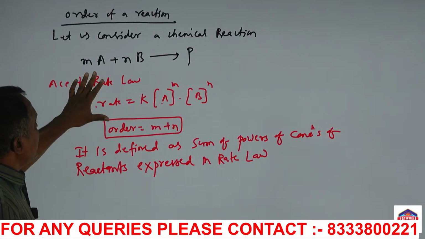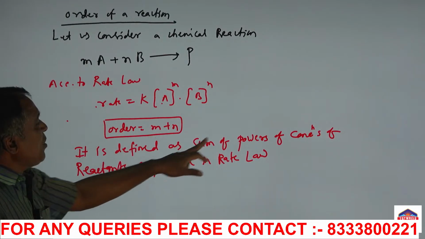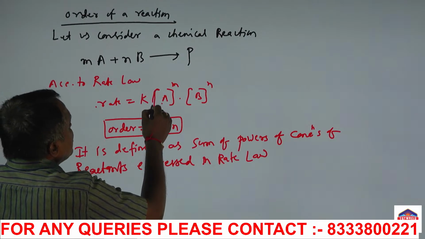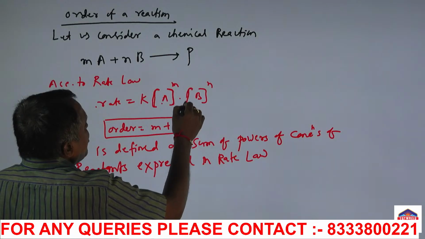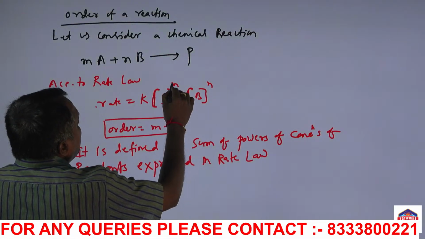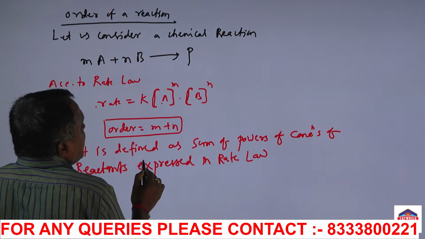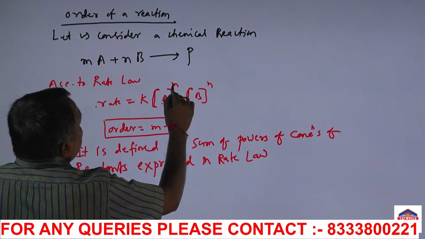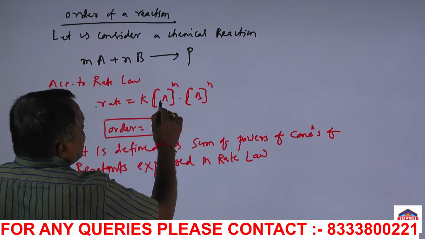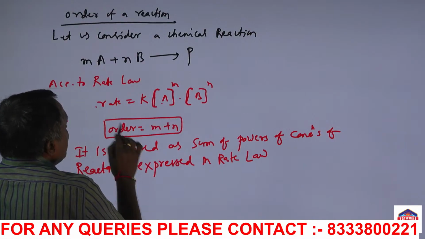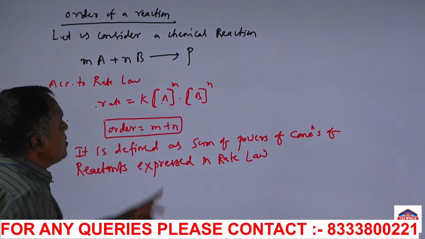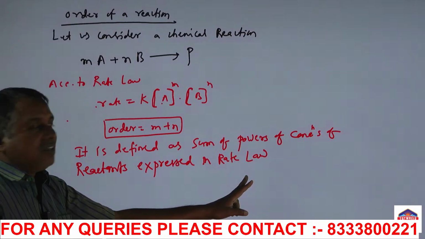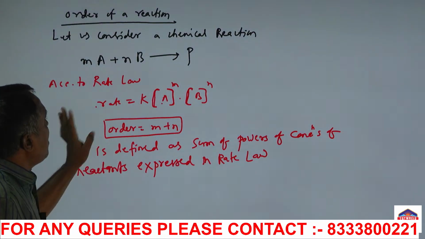The sum of powers of concentrations of reactants, where A and B are the reactant concentrations and their powers are m and n, you must add both powers, and that will be equal to the order. Therefore, order is the sum of powers of concentrations of reactants expressed in rate law. This is the order of a reaction.